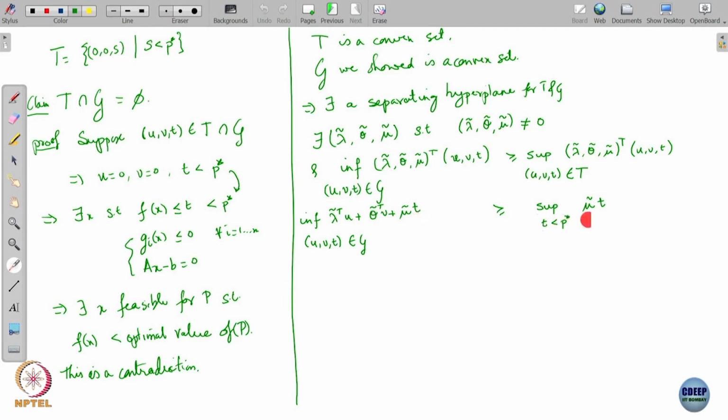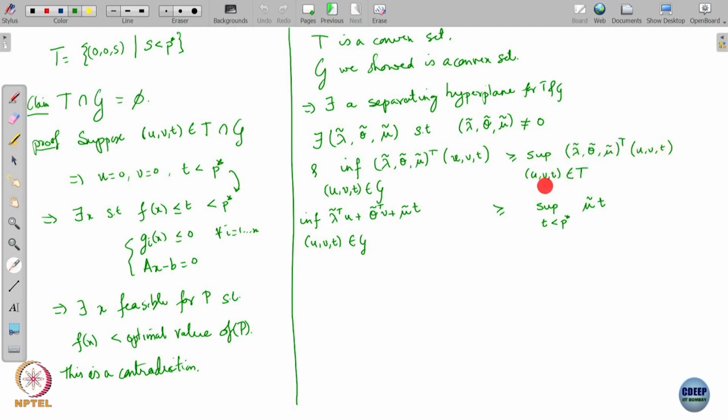But then the infimum is lower bounded by some particular finite value, remember, which is the supremum of this linear function over T. Since this is a supremum, it cannot be minus infinity, because you can always take any real value and evaluate it to something finite.